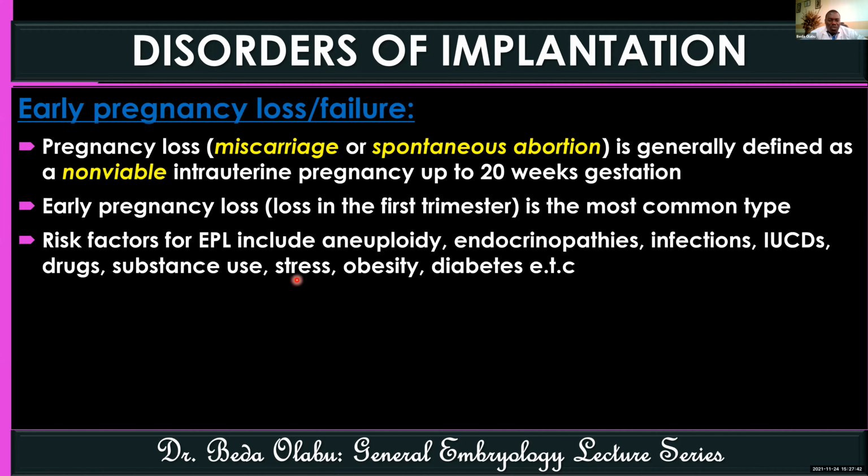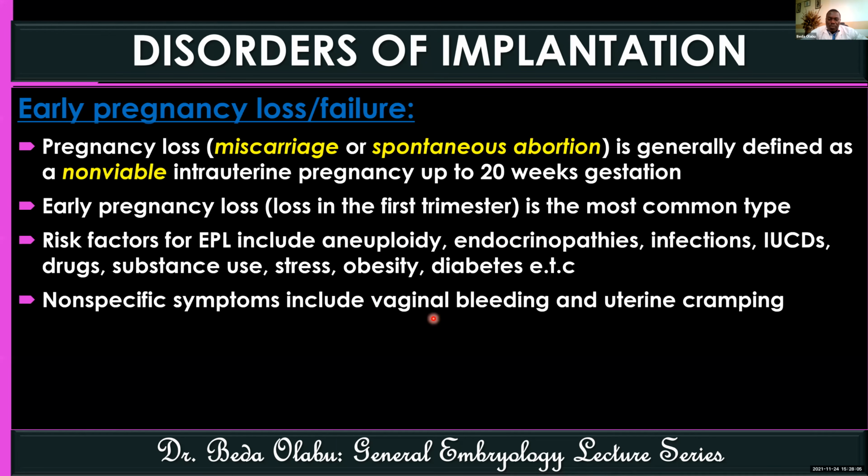Perhaps the woman is just super stressed, obesity, diabetes. The list is actually endless. But at least remember the first 3. These are the common causes of early pregnancy loss, or let me not say cause, but risk factors for early pregnancy loss.